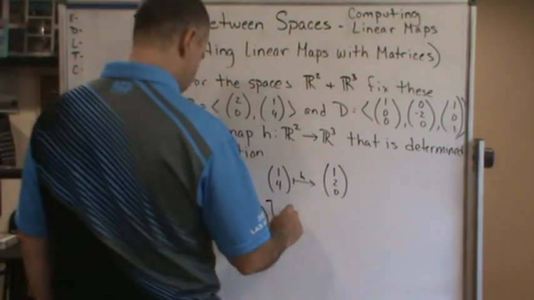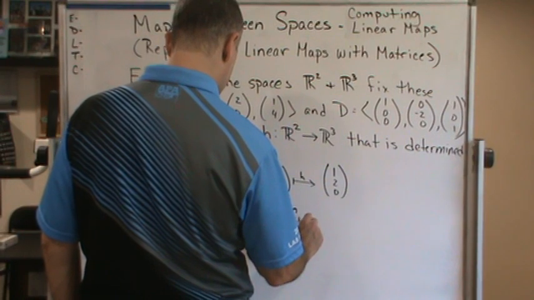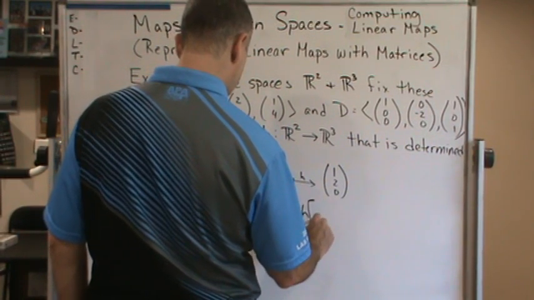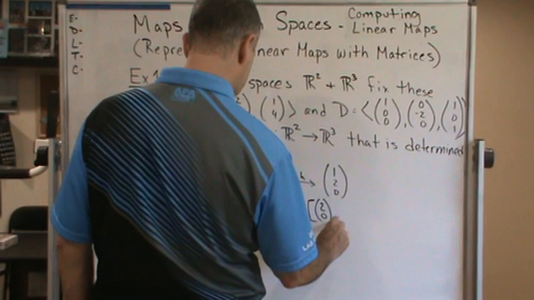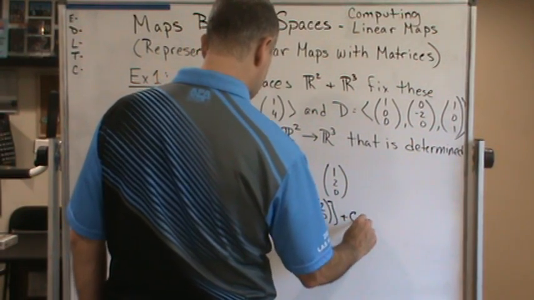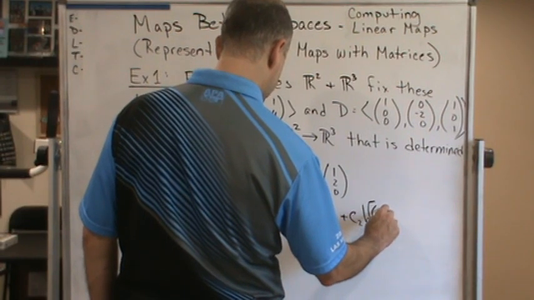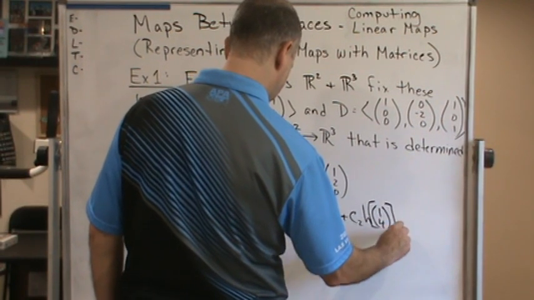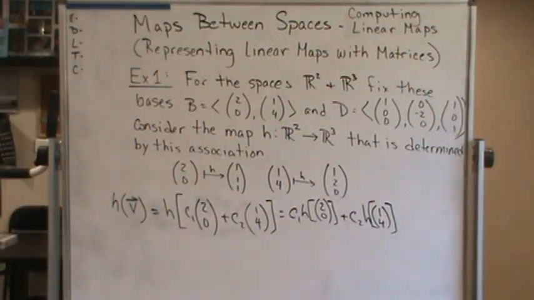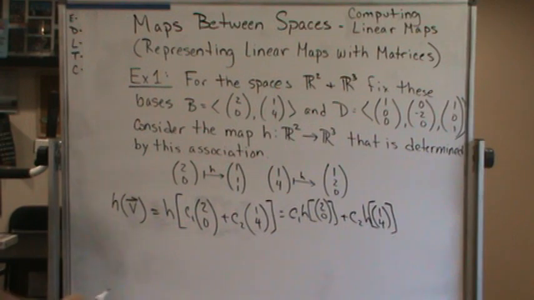And so this is going to be equal to C1 times h of (2, 0) plus C2 times h of (1, 4). All right, so far so good.